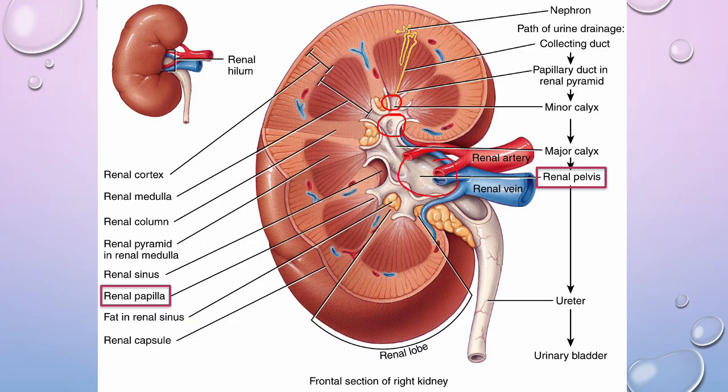As you guys see, here is the nephron, where filtration starts to happen, and then through the collecting duct, we are starting to talk about urine that is getting drained here to the minor calyx, then to the major calyx, then to the renal pelvis, and then to the ureters, down to the bladder, and then out to the urethra, and then out to your toilet, right?